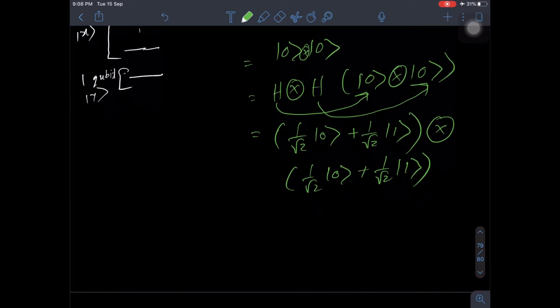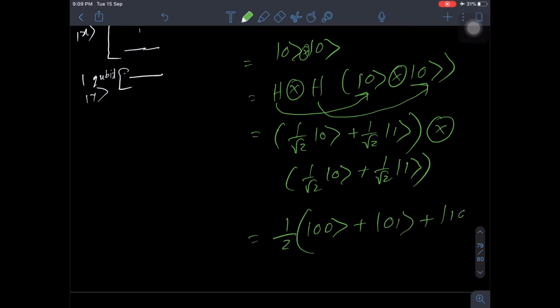All right, and now if you do the product, you can see easily that this is nothing but |00⟩ plus, I don't need to write the half every time, |01⟩ plus |10⟩ plus |11⟩. So you can see that by applying Hadamard gates on zeros, you can find the equally probable superposition of all the possible states.